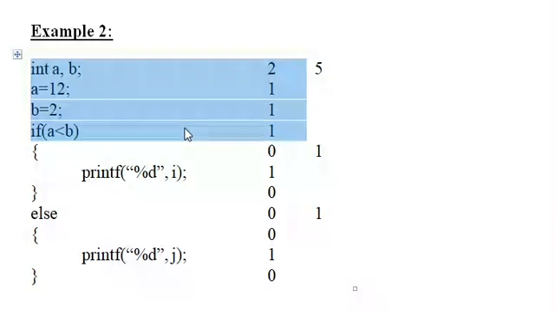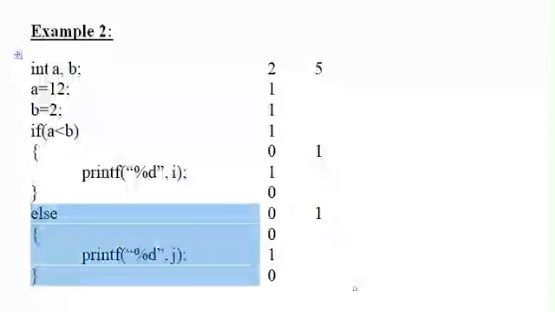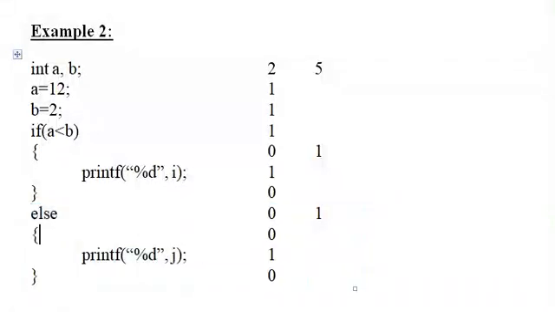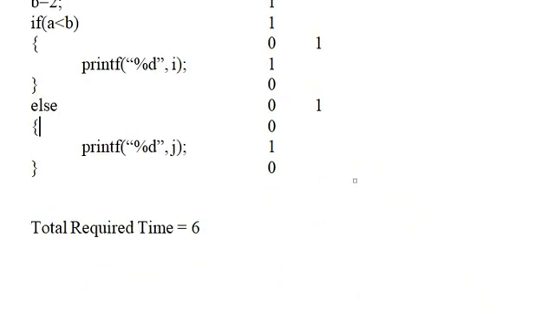After this common part, either this statement or this statement will be executed. So any one of these statements we have to take. For both of them, 1 unit of time is required. So 5 plus any one of these, that is 1, so the total required time is 6.